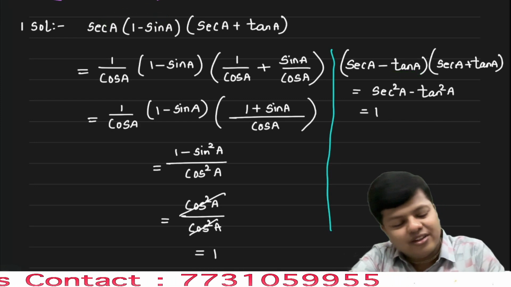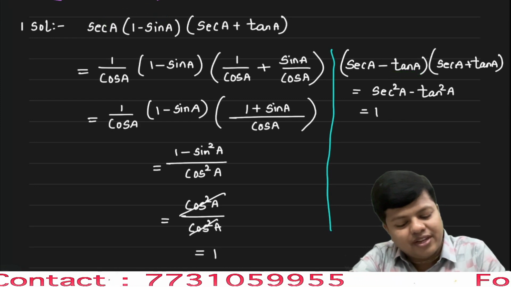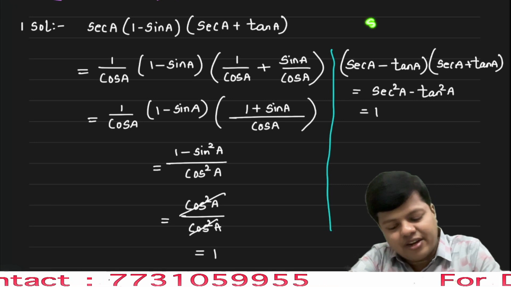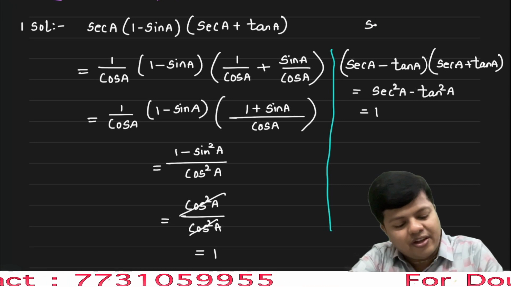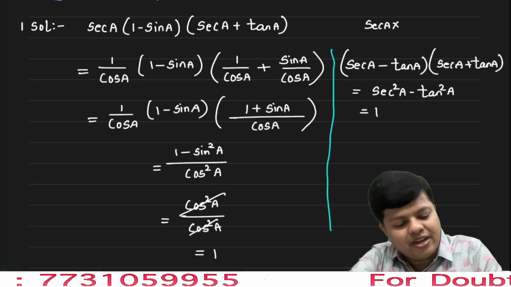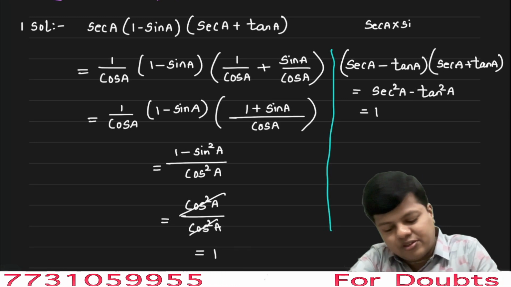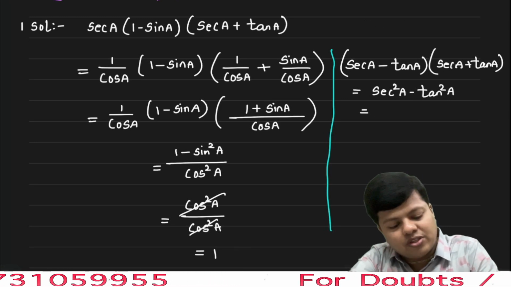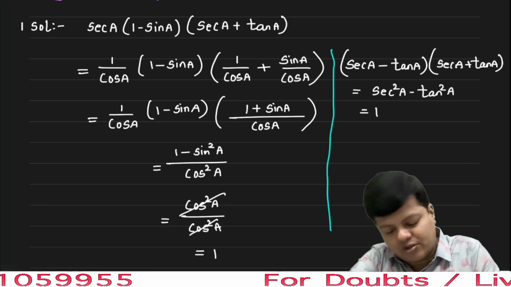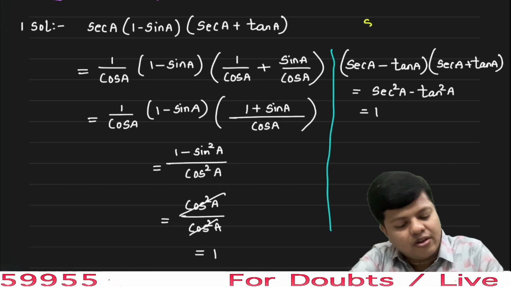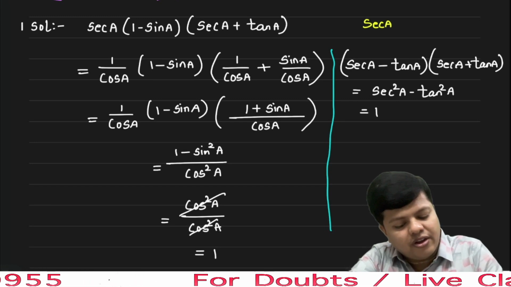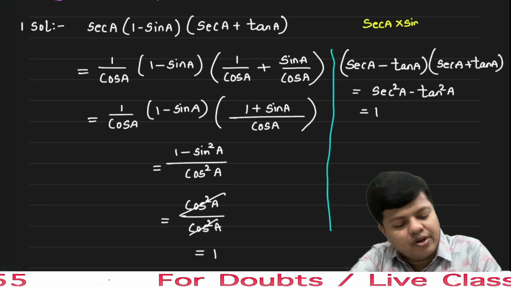Secant A into sin A: you should know this, student. This is a formula, this concept. Secant A into sin A, when you do, you will get tan A. How?